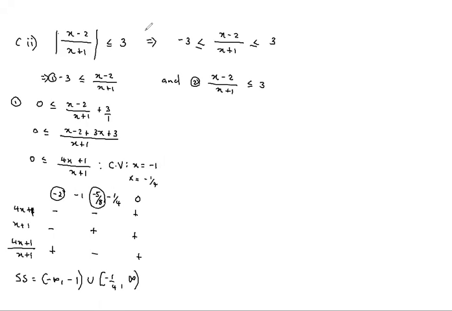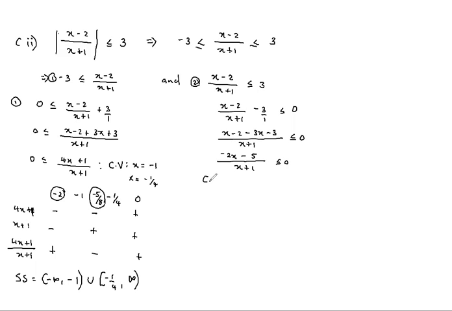So this piece here, you say x minus 2 over x plus 1 minus 3 less or equal to 0. So you have x minus 2 minus 3x minus 3 less or equal to 0, so that negative 2x minus 5 over this guy.